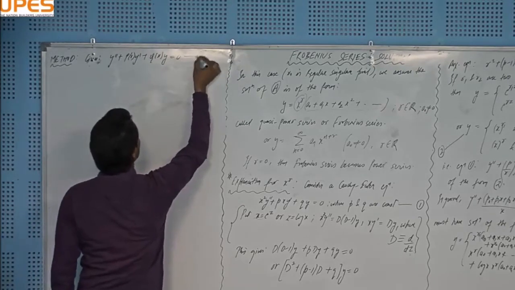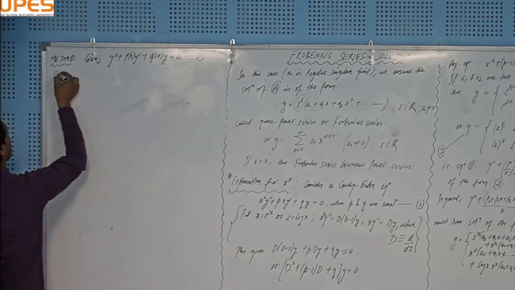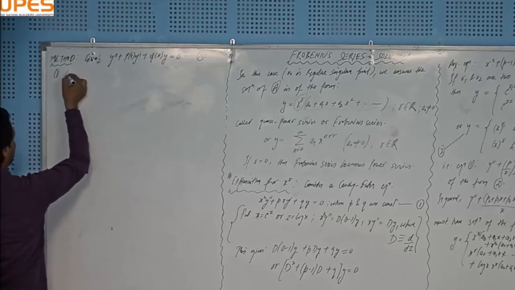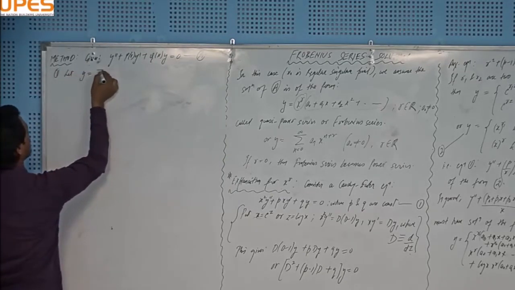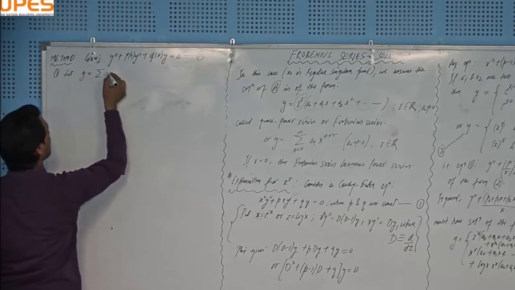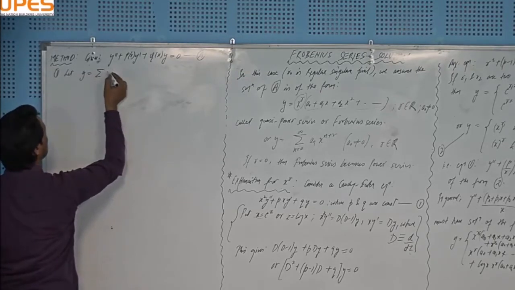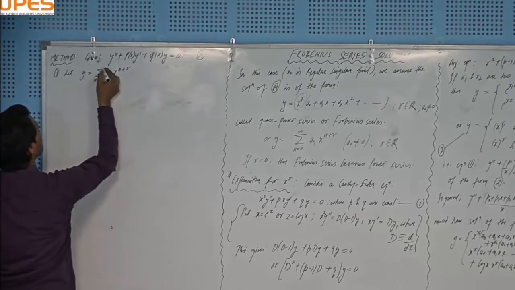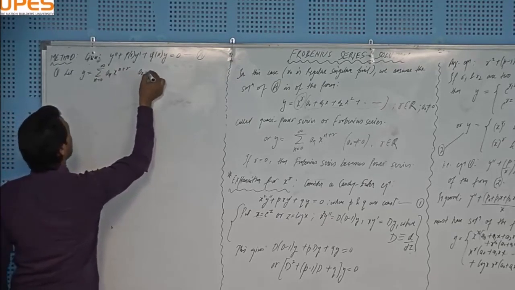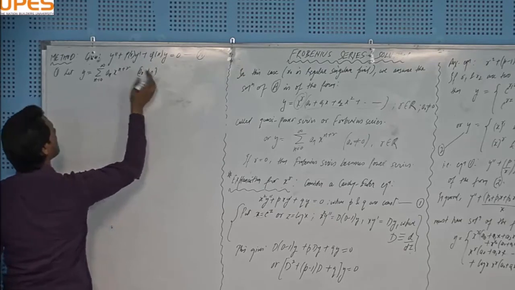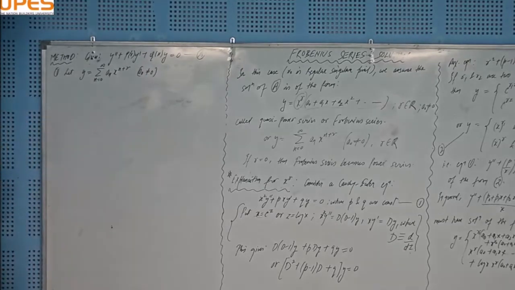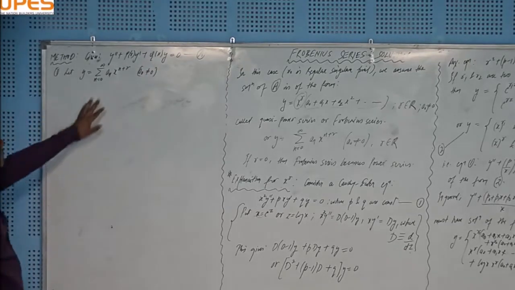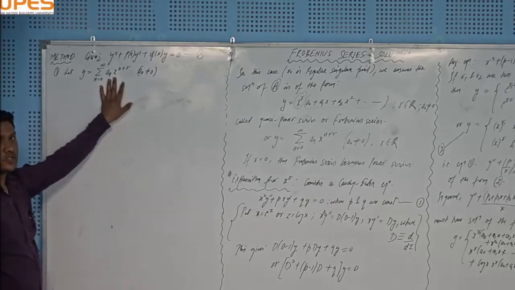I will call it equation number A. So step number 1, let us have the solution of this differential equation of this form, the sum of a_n x to the power n plus r, where n starts from 0 to infinity, and a naught is not equal to 0, and r is any real number, right? So this is the Frobenius series. We'll start with this Frobenius series.